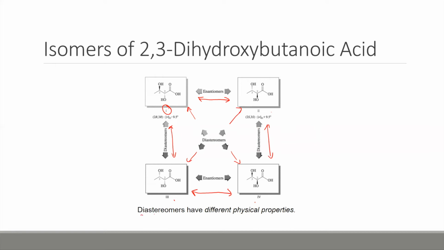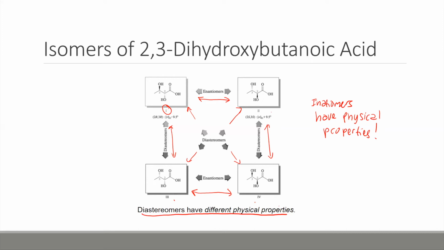Diastereomers do have different physical properties. So we talked a little bit at the end of our last lecture how enantiomers have the same properties. But diastereomers have different physical properties.